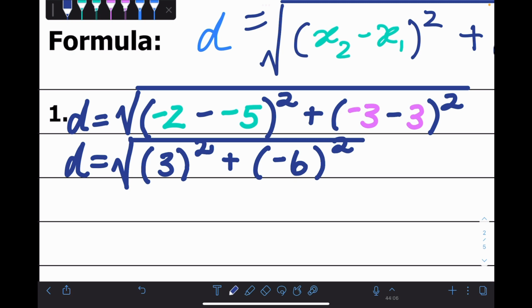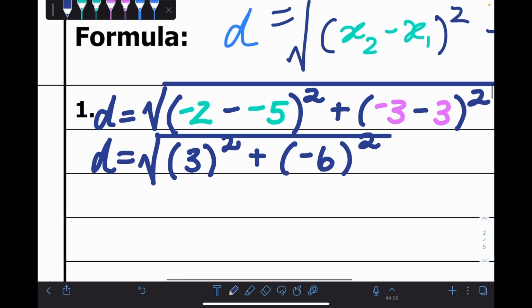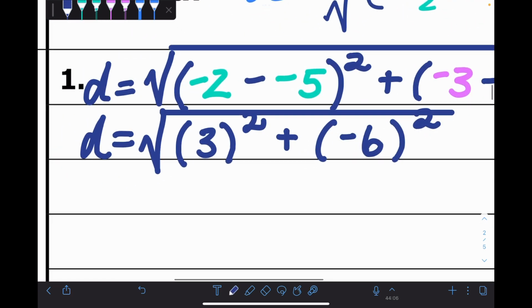See how I have these brackets here? This was in a bracket, so I put my answer in this bracket, and it will make sure that I'm squaring my -6, because that will give me a different answer in the calculator if I don't have those brackets. So make sure that you have those brackets.